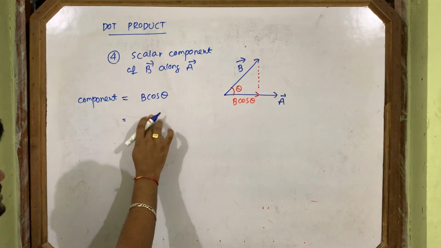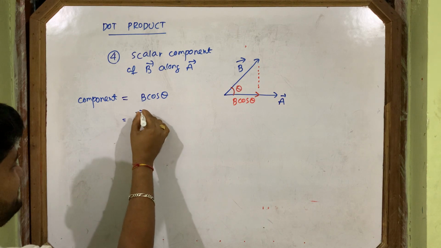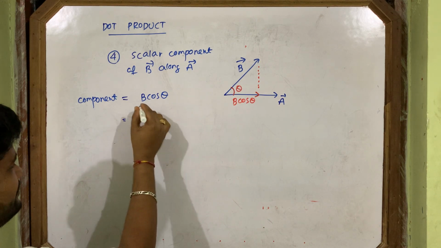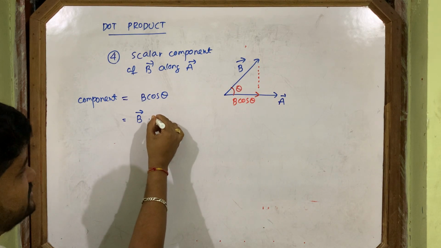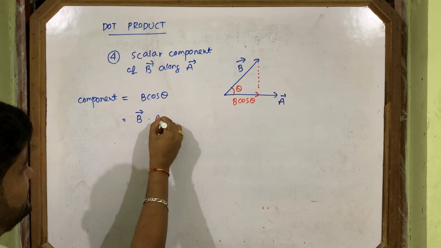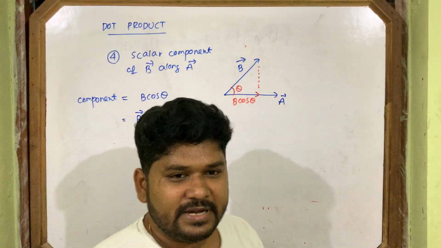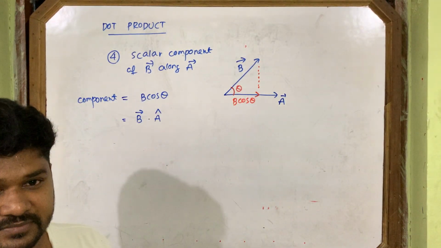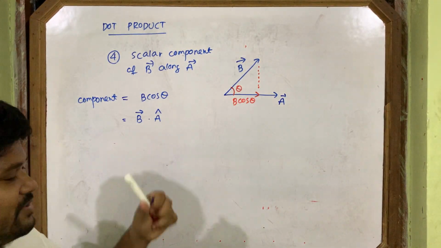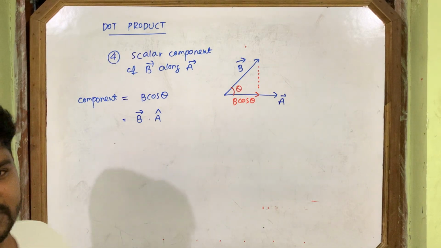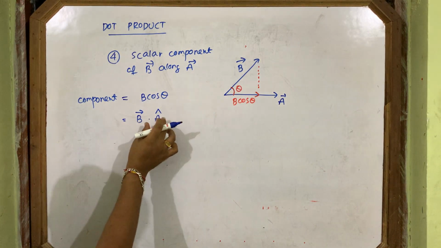It's very clear: this is B vector dot A cap. So this is the scalar component.